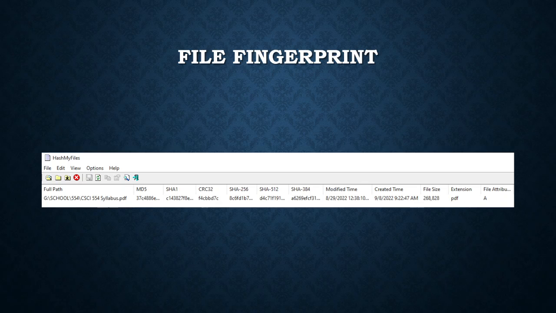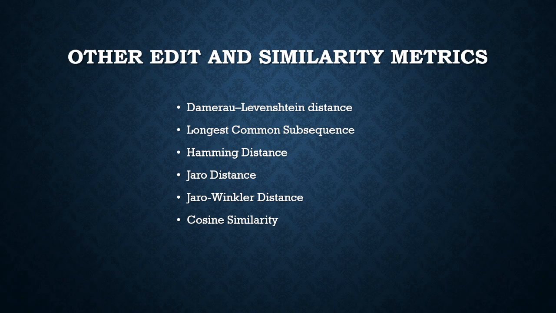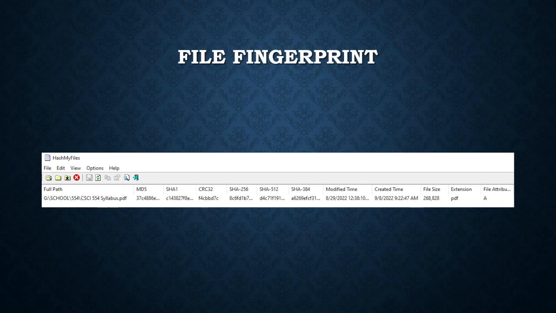But let's say we apply this to the concept of the Levenshtein distance itself. Well, there's more than just a Levenshtein distance. There's the Damerau-Levenshtein distance, longest common subsequence, Hamming distance, Jaro-Winkler distance, cosine similarity. And if you were to combine all these together, like they did on the past slide, where I have MD5, SHA1, 256, 512, 384.